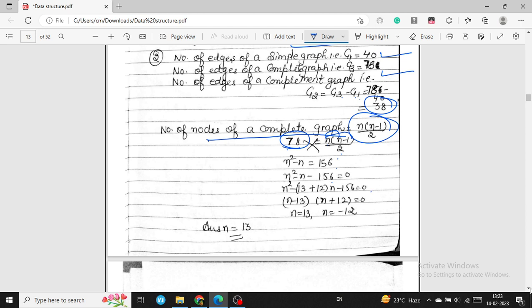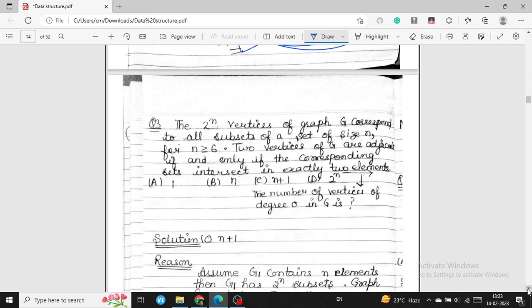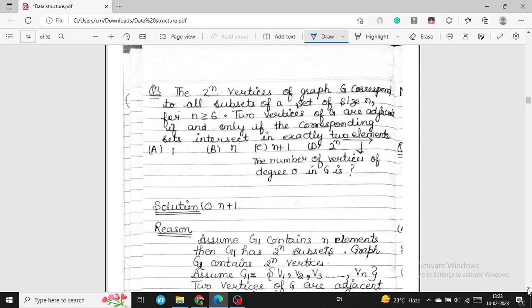You can find the factors and make pairs: 12 and 13 give 156. You can see here that n is 13, and the negative root is ignored. Now, the next question.